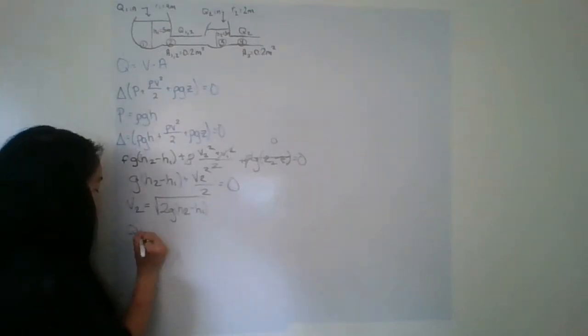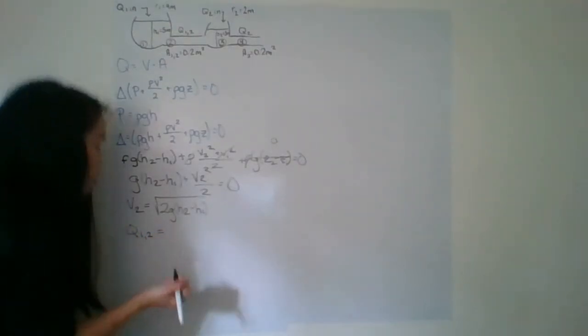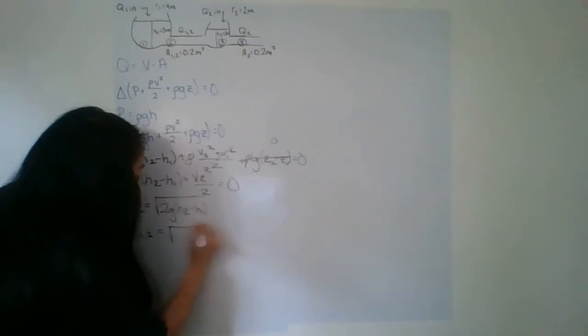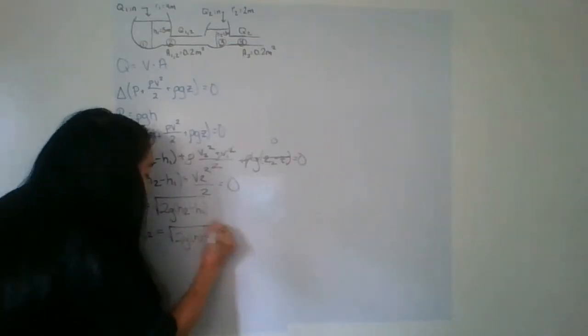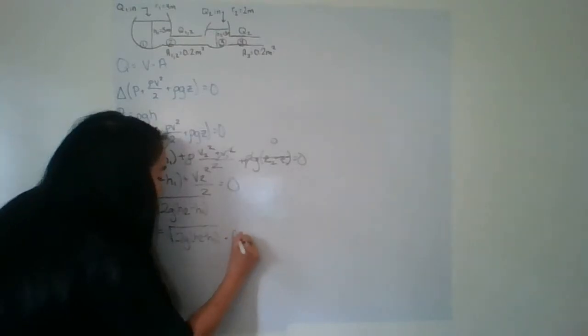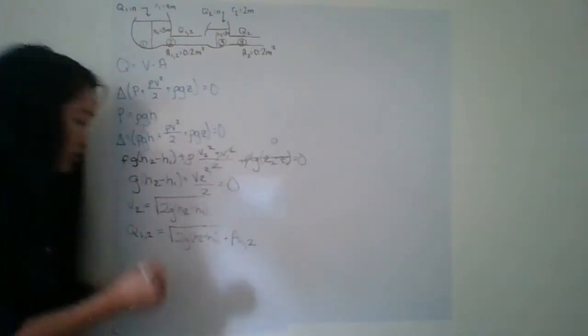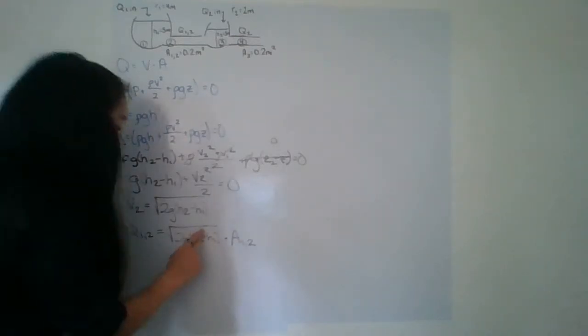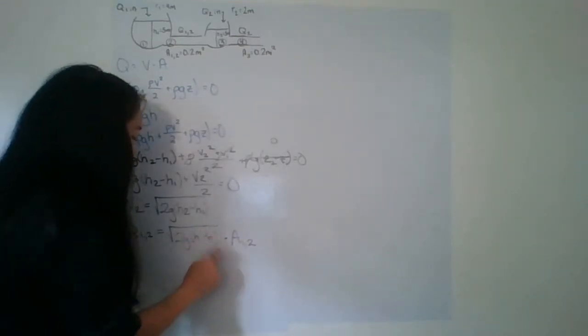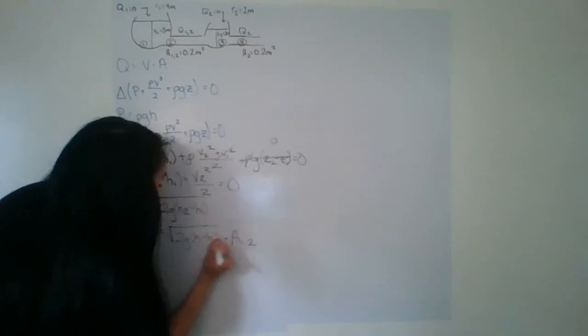So we get Q12 equals the square root of 2g times h1 minus h2, and this is multiplied by A12, which is the cross-sectional area. The h2 and h1 were switched because h1 is visibly higher than h2, and we want a positive number.